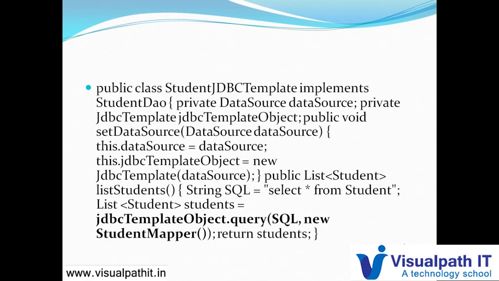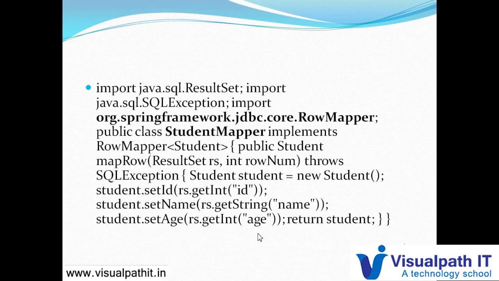So here, student DAO is an interface which student JDBC template implements. Here we have the JDBC template object dot query with the SQL query and the new student mapper. Basically we need to import the row mapper package here.